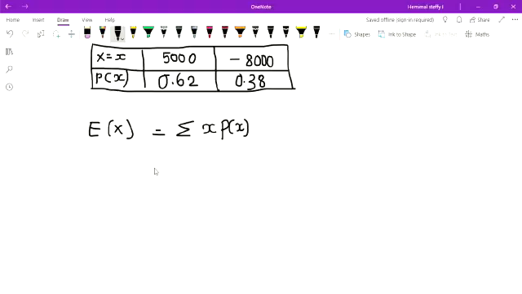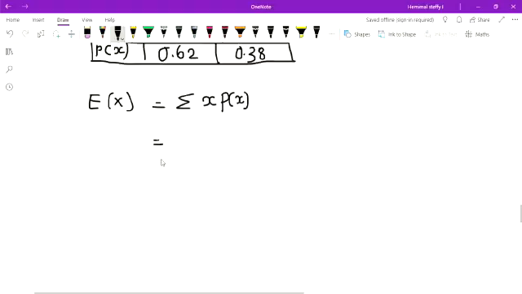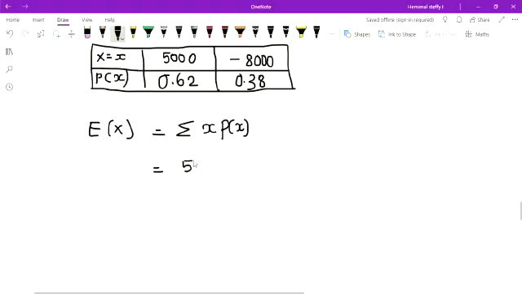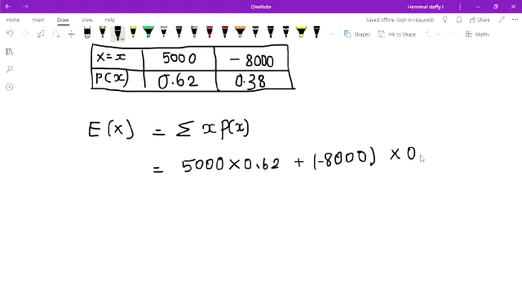So once I am doing that, 5000 into 0.62 plus minus 8000 into 0.38.